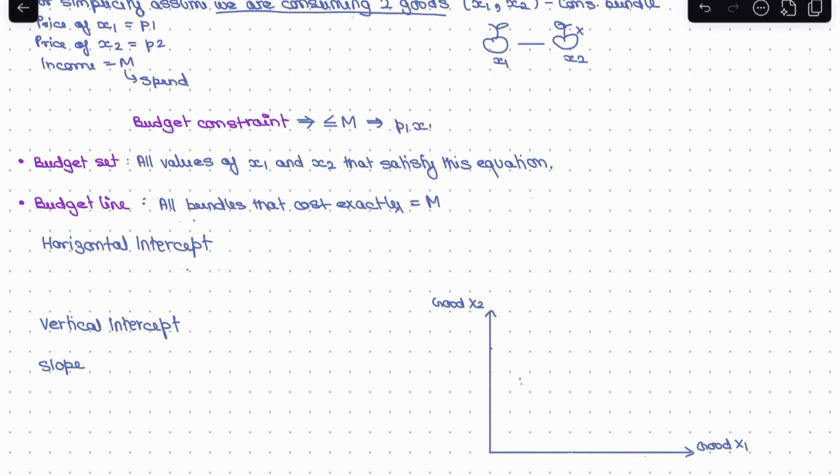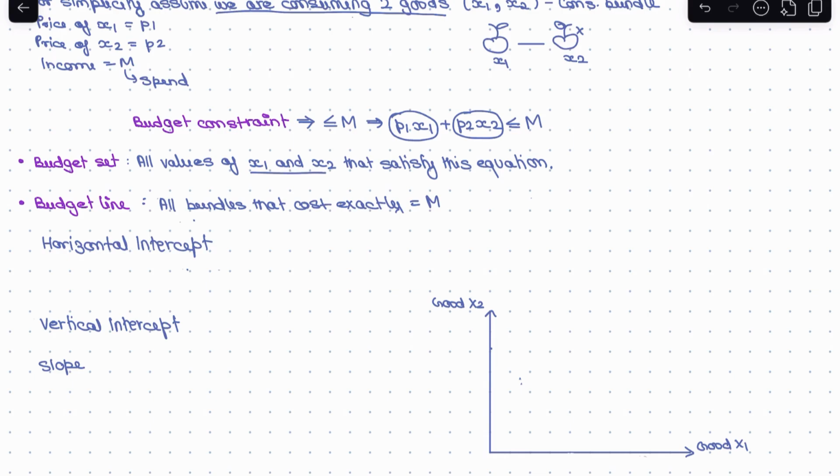Mathematically, thus, P1 into X1 plus P2 into X2 should be less than or equal to M. Now, P1 into X1 is the amount of money the consumer spends on good X1, and P2 into X2 is the amount of money that the consumer spends on good X2.